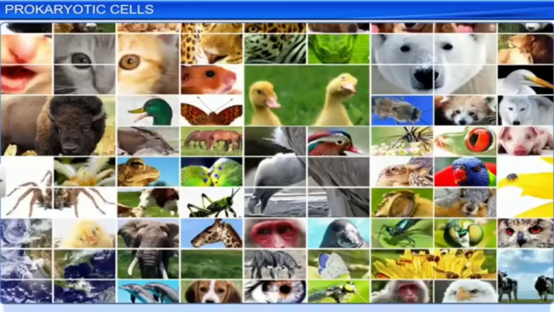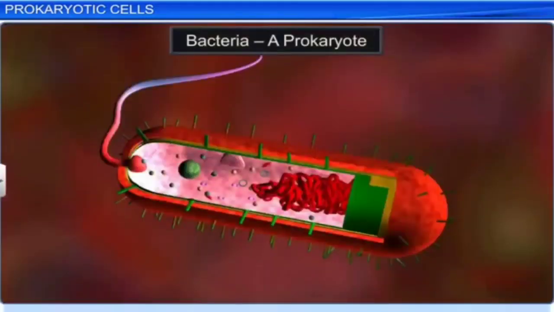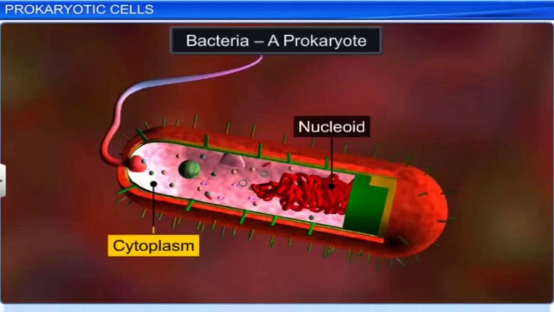Millions of microorganisms are present in every nook and corner of our surroundings. Of these, certain microorganisms, such as bacteria, have a nucleoid but no membrane-bound organelles in their cytoplasm. Such organisms are called prokaryotes.